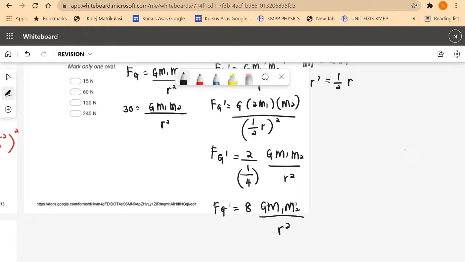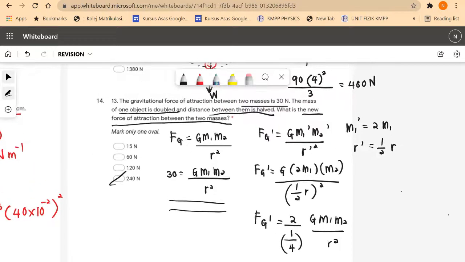So Fg prime equals 8 times 30, which equals 240 Newton. So the answer is D for number 13.